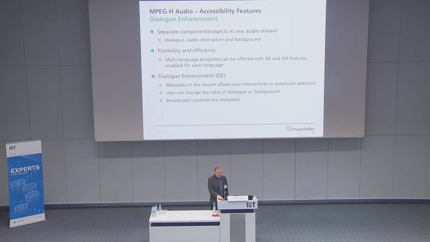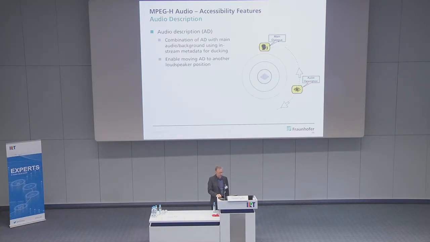One example of what you can do in terms of audio description is you can offer the user the option to move the audio description to a different loudspeaker, so that not all dialogue and the audio description is in the center channel, but for instance, the dialogue is in the center channel, and the user can push the audio description to the left, or in a surround system even to the back, so that it feels more like the narration comes from the side, and it can be better distinguished between main dialogue and audio description.